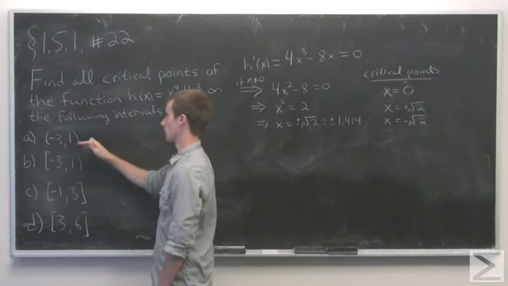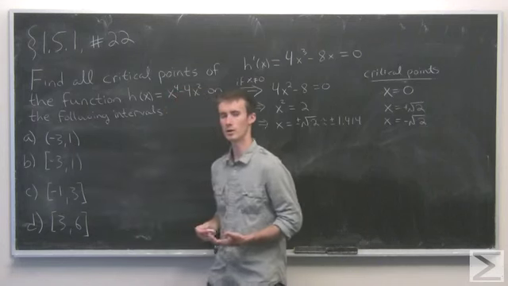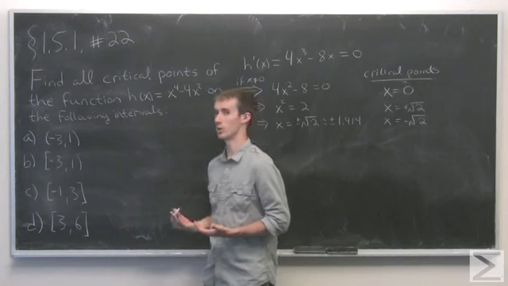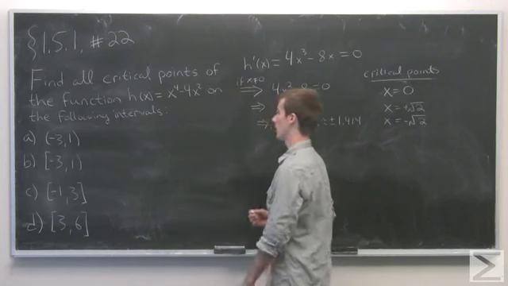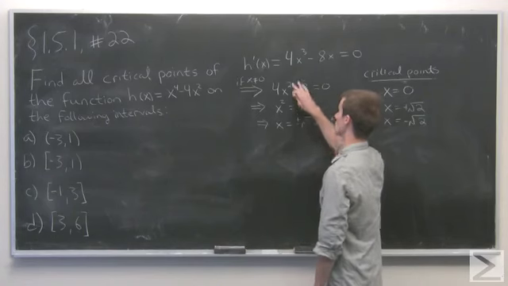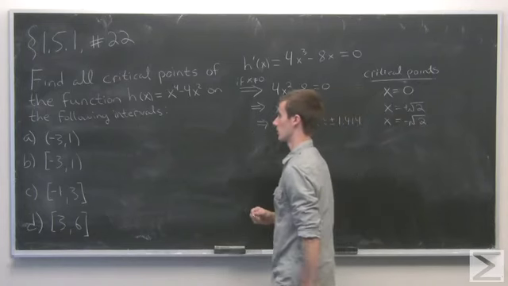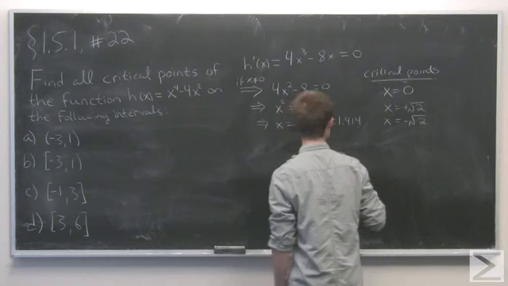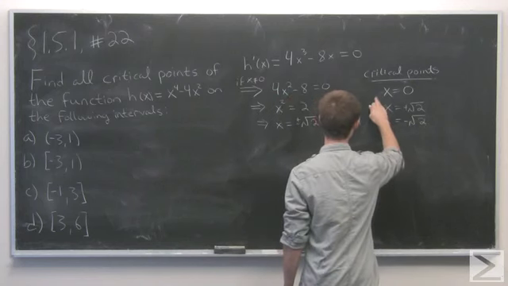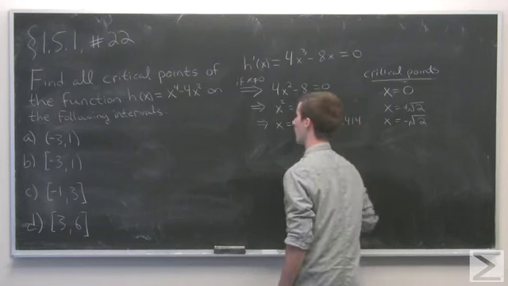Our first interval is the open interval (-3, 1), and h of x is differentiable on the entire interval. You can see that by looking at the derivative and seeing that it's defined on the entire interval. So we need to see which of the critical points lie in this interval.